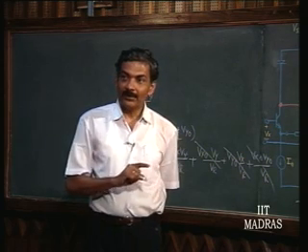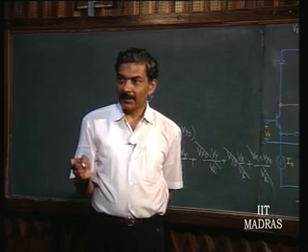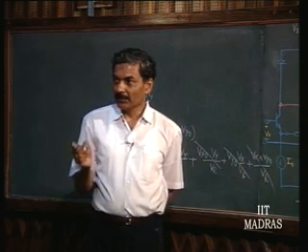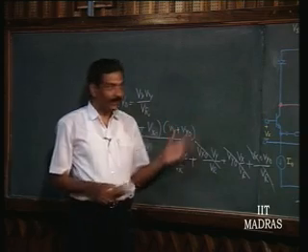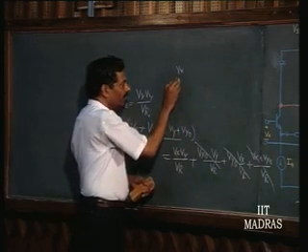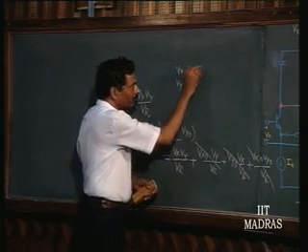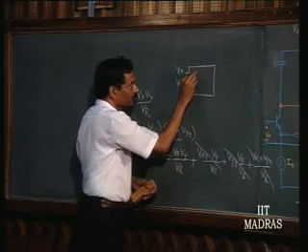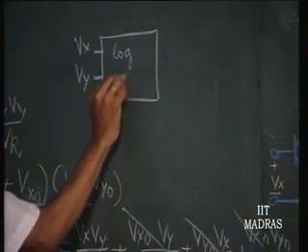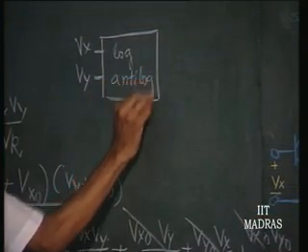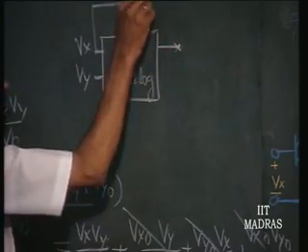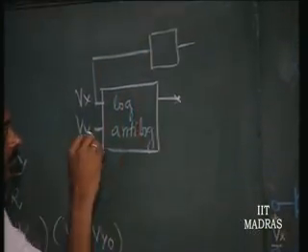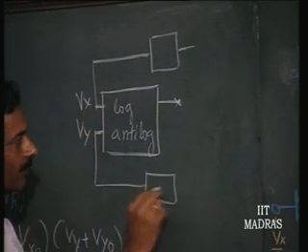Single quadrant to 4 quadrant block. How do you convert? Using an op amp, you have V x and V y, and you have the log anti-log multiplier. You have the output here, then some portion of V x, some portion of V y you have to take.